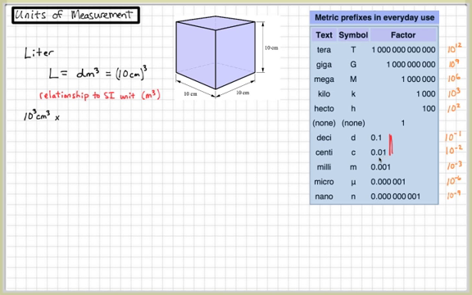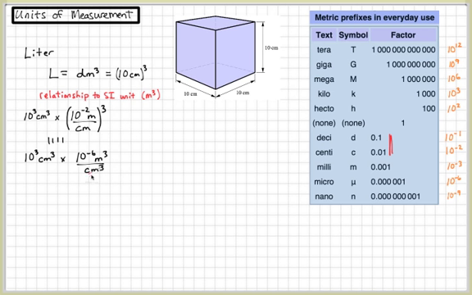Now, we have a volume in centimeters cubed, so this also needs to be cubed. So we need to cube the whole conversion. So it would be 10 to the minus 2 meters per centimeter, and that conversion factor cubed. And so this produces 10 cubed centimeters cubed, which is our liter, times 10 to the minus 6 meters cubed per centimeter cubed.